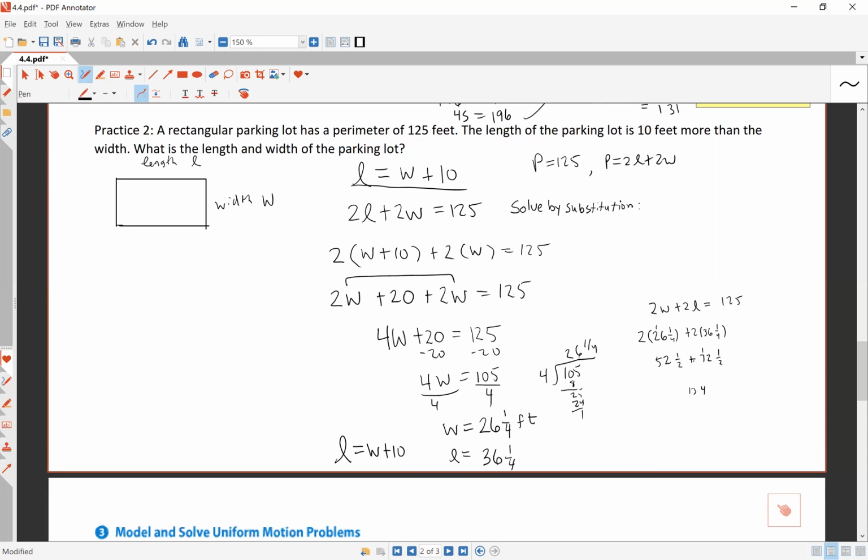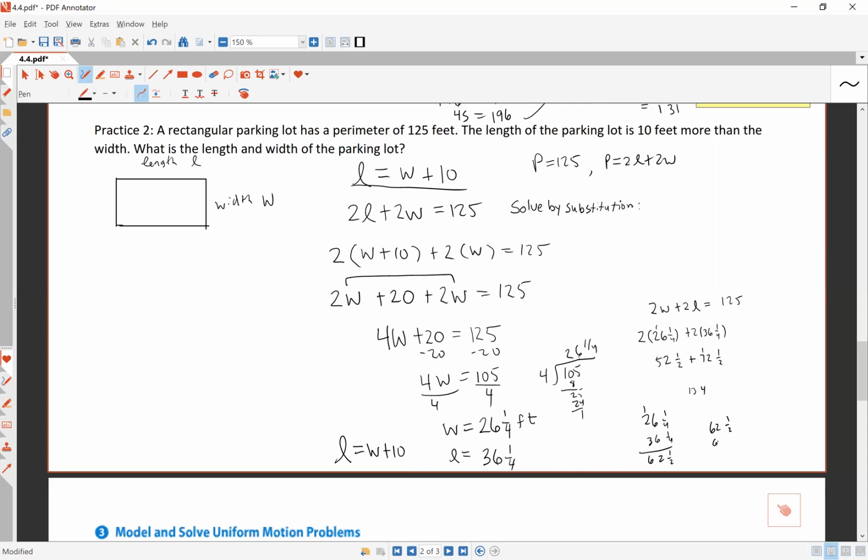Did I make a mistake somewhere here? Let's see. 26 1/4 plus 36 1/4 gives me 62 1/2.